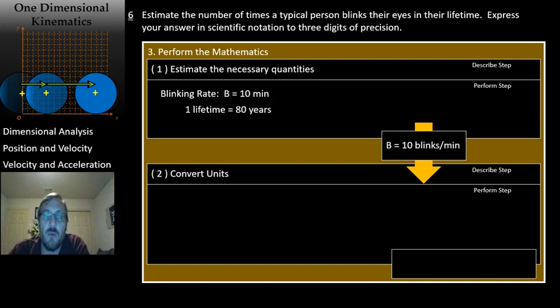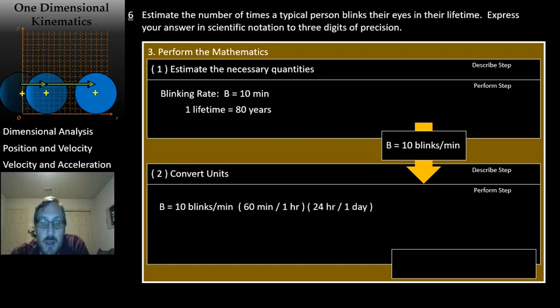Then after that, we can use that to go to the next bit, which is converting the units. We've got 10 blinks per minute, right? And when we take those 10 blinks per minute, we can add a new thing. So we want to go from minutes to hours, then hours to days, then days per year, and then finally years per lifetime.